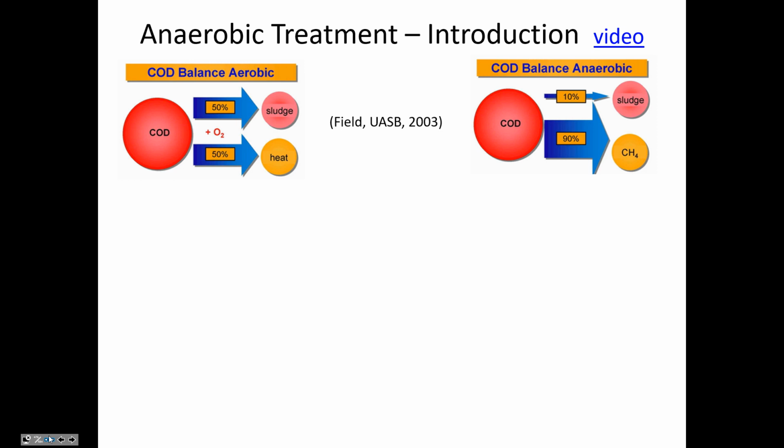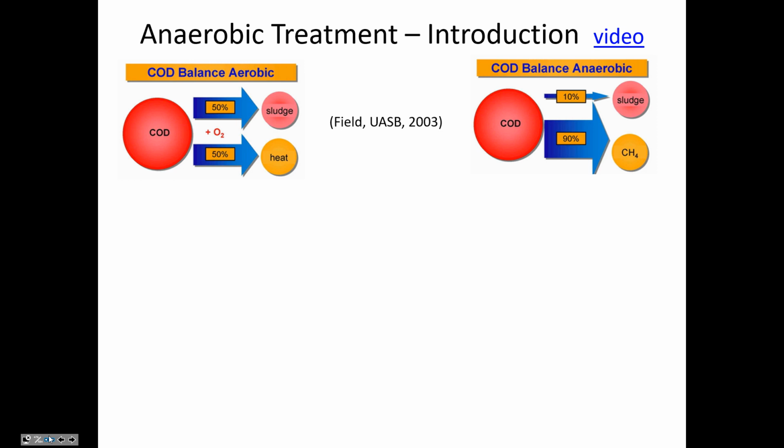There's the grit, other solids they pull out of the bar rack, and sludge. Sludge gets a lot of attention because it is bioactive. It has microorganisms that can be pathogenic. It has organic material that may continue to exert a biological oxygen demand.